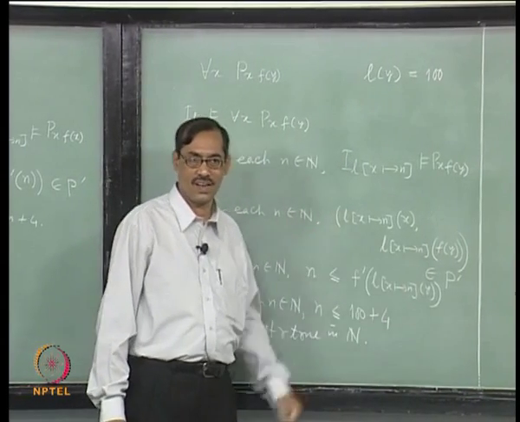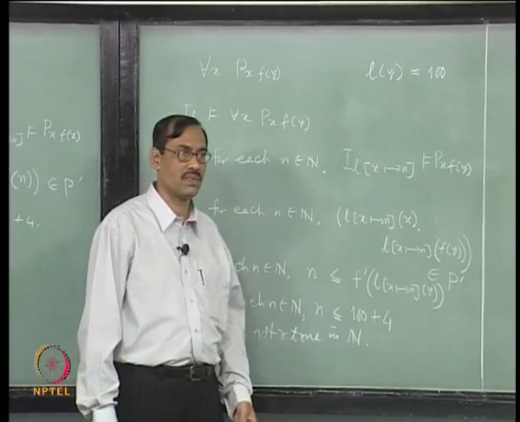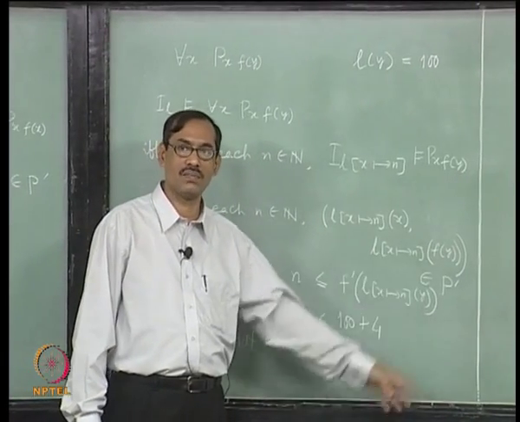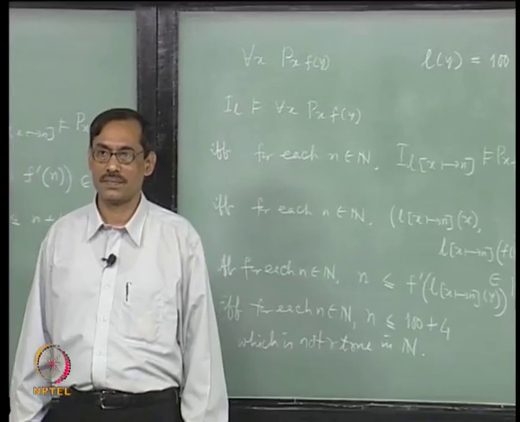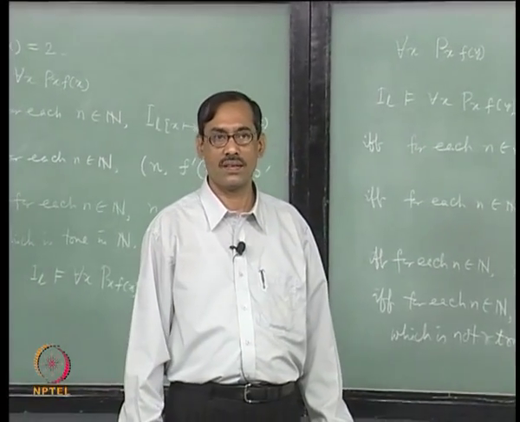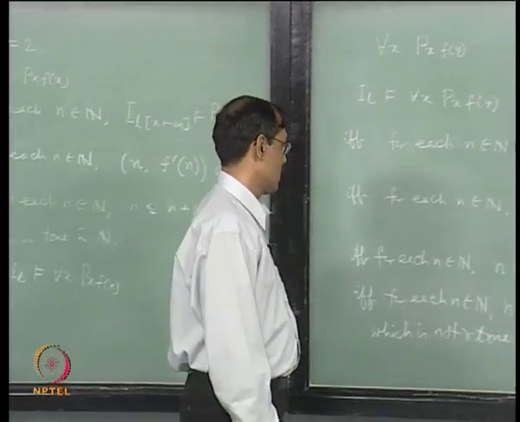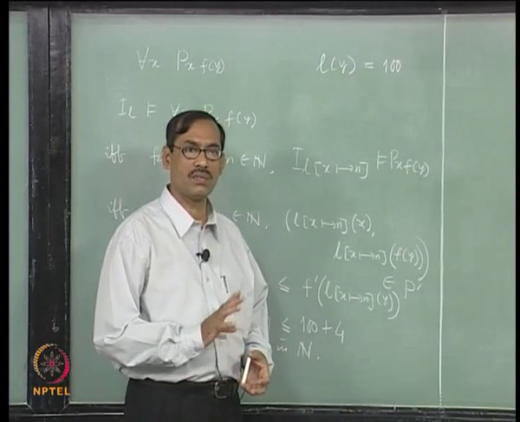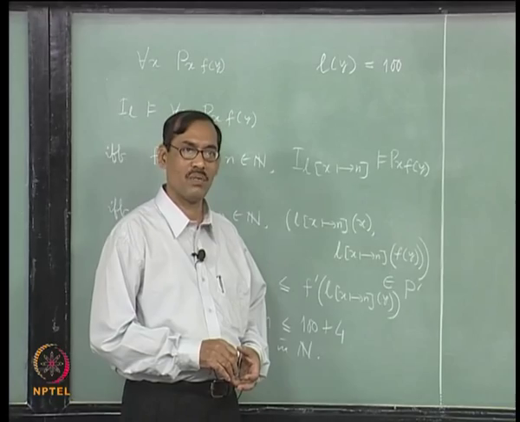Earlier it was not being used at all, now it has to be used because it is occurring free. So, once it is free, it will give some particular element in the domain. Is that clear? So, this really leads to something. Can you tell why?